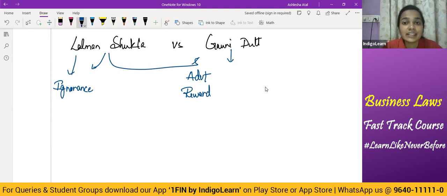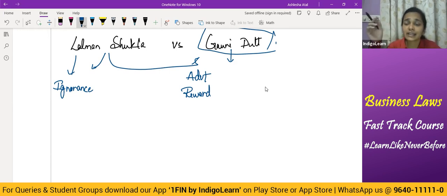When a person is acting in ignorance of the offer, you cannot say that he has accepted it. So Lalman goes to the court, and the court gives its decision in favor of Gauri Dutt, stating that Lalman acted in ignorance of the offer, so he's not eligible for the reward. Are you all clear with Lalman Shukla versus Gauri Dutt?